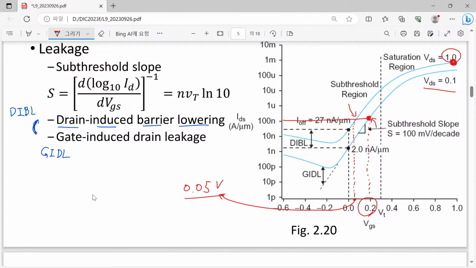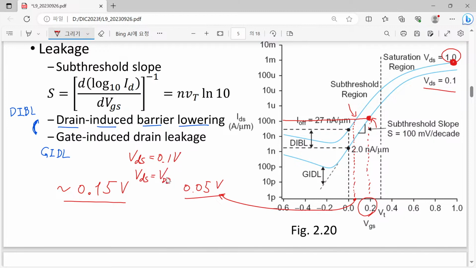So you can immediately understand we have about 0.15 volt difference between VDS equal to 0.1 volt and VDS equal to VDD.